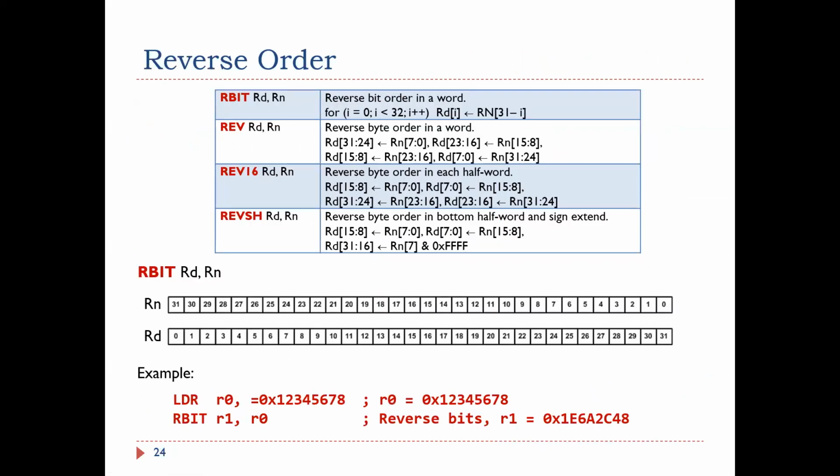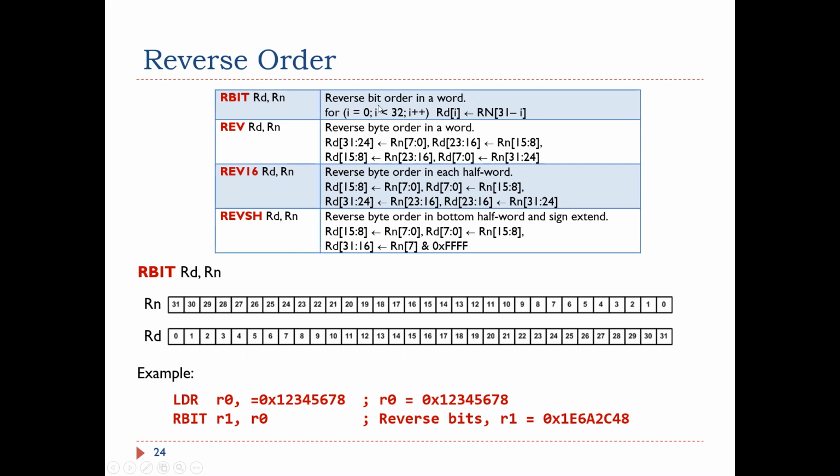So I think the next couple of examples that we are going to take a look at are how we can do the bit and byte order reversal. Sometimes we need this operation to do bit manipulation. The first one is RBIT, reverse bit order in a word.